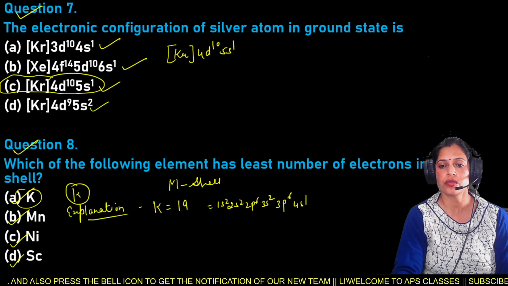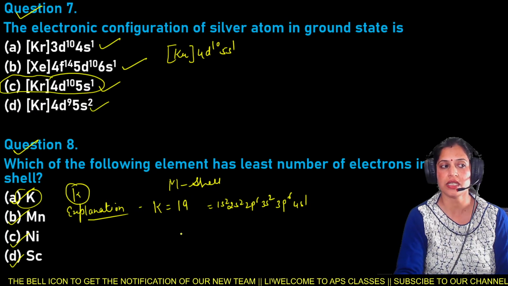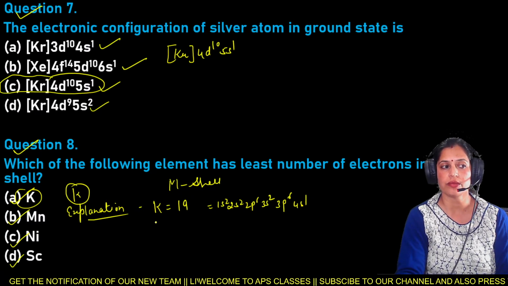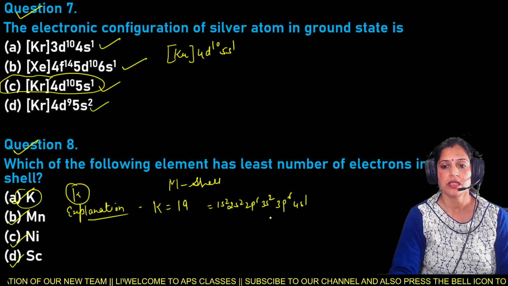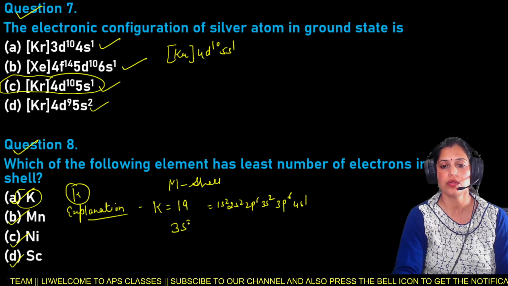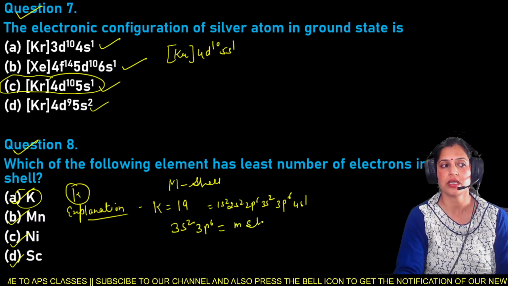So this is the electronic configuration of potassium. 3s2, 3p6 is the M shell.